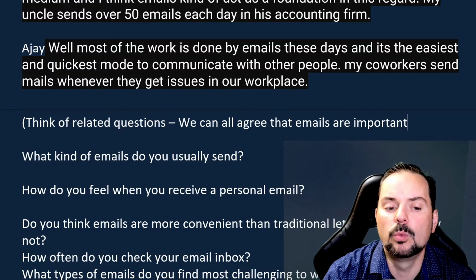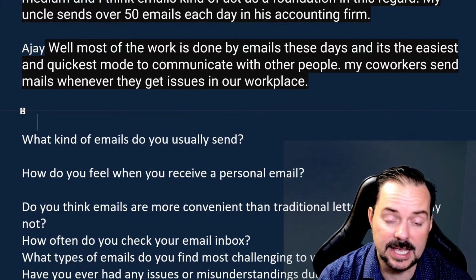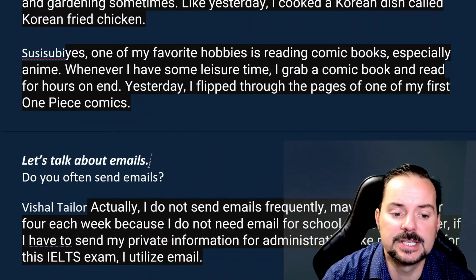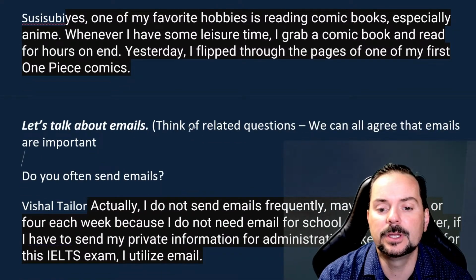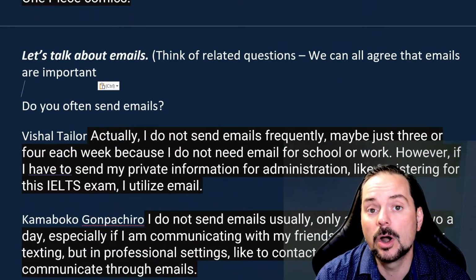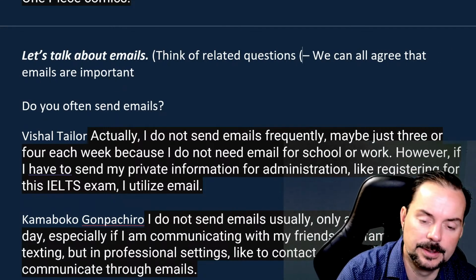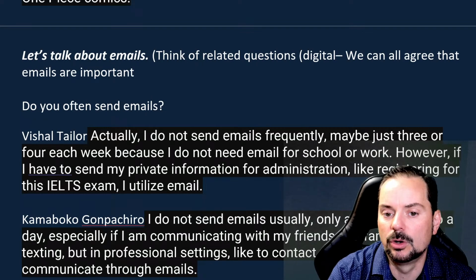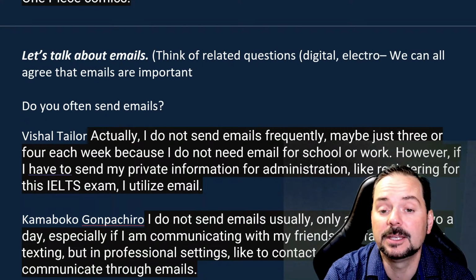Okay, so what you need to think about, and this is actually good to think about when the examiner introduces the topic. So when the examiner says, let's talk about emails, right? Then you have to think, okay, emails, what are they? Digital mail, instantaneous, Gmail, right? Digital, or more accurately stated, electronic. That's why it's called email.